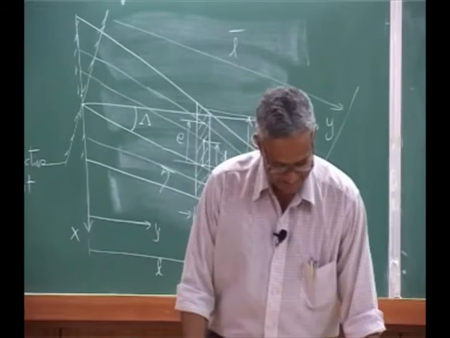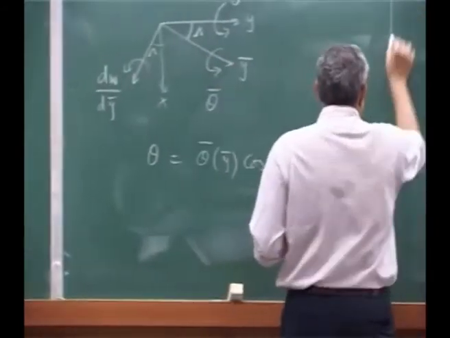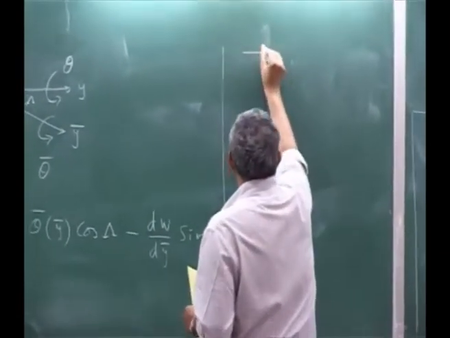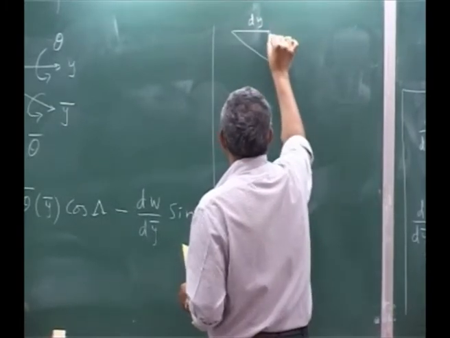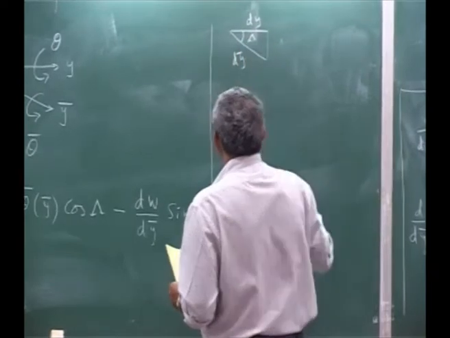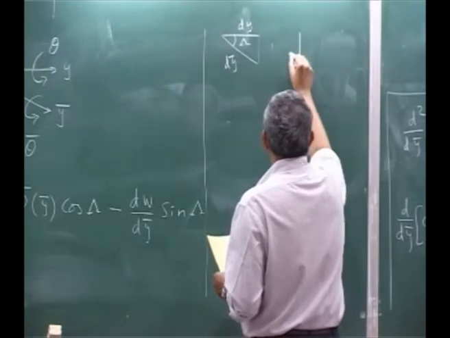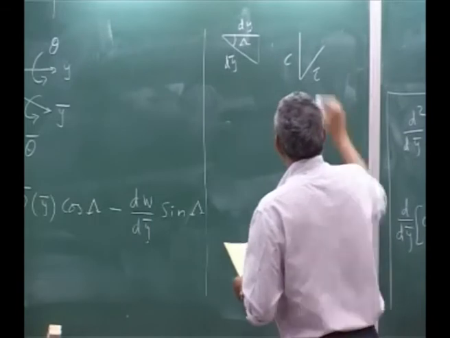What you do is, I go back and write it here. We know that this is dy and this is dy bar, this is lambda, and similarly this is C and this is C bar.